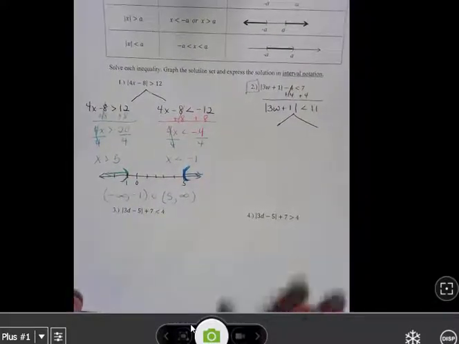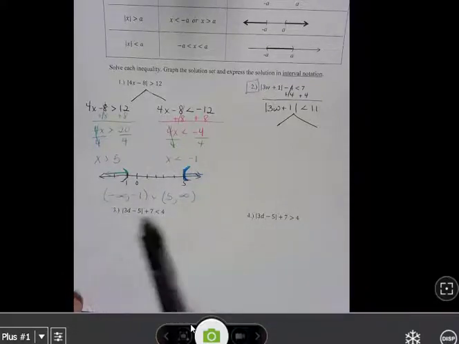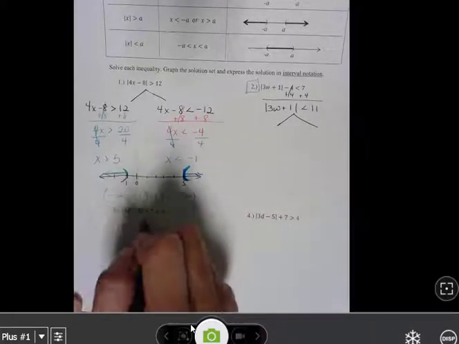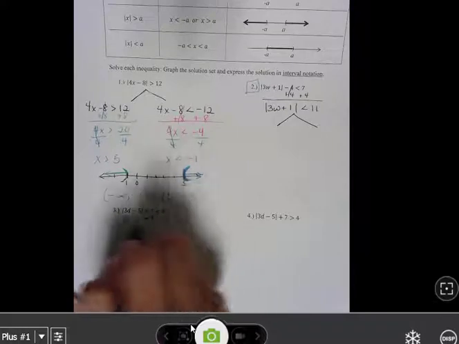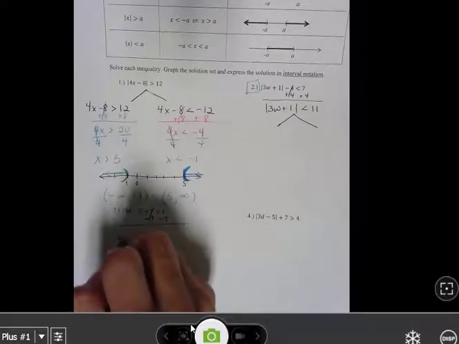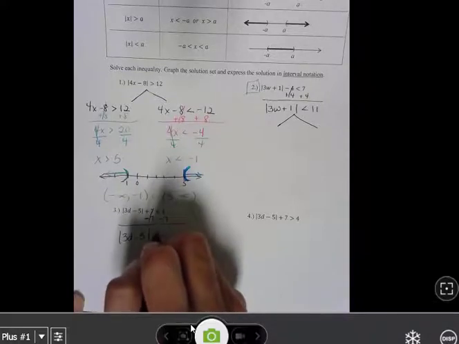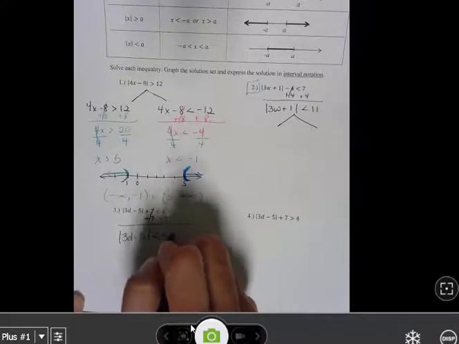Hopefully you have some answers for number 2, which we'll go over tomorrow in class. We're going to take a quick minute to look at these last 2 problems. We're going to follow the same process, which is to isolate the absolute value. Now we have that the absolute value of 3d minus 5 is less than negative 3.